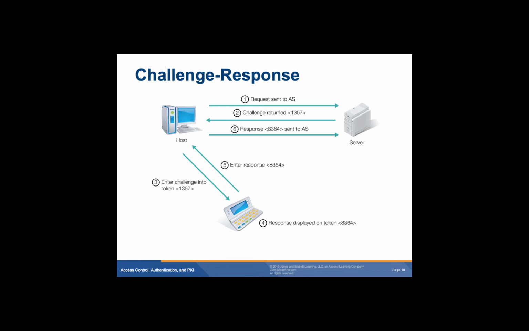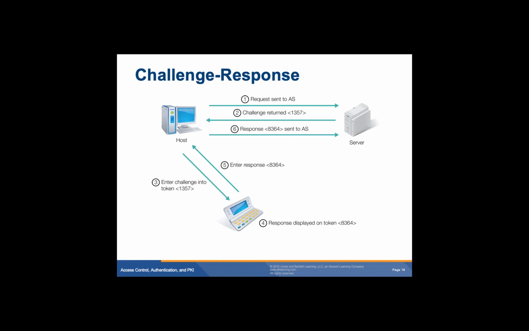Number 4 is the response is displayed on the token. Number 5, enter the response. And number 6, the response is sent back to the AS. So that's kind of a chain that depicts the server side.